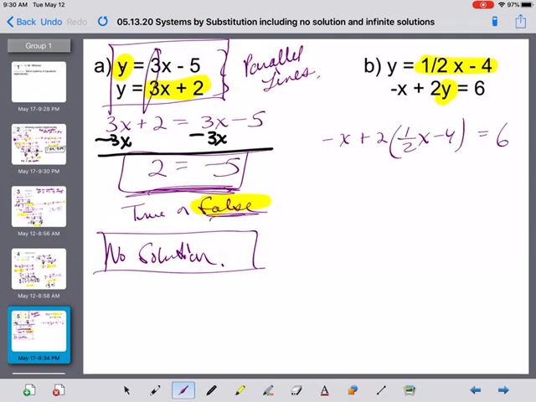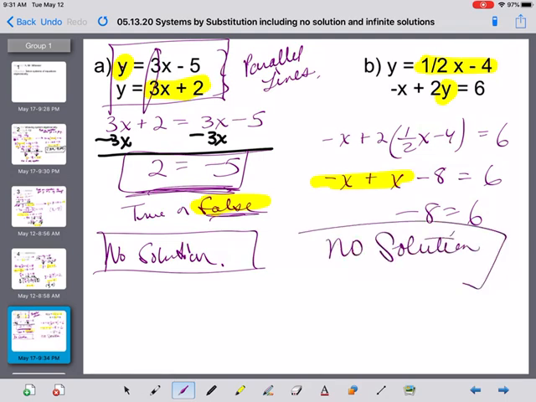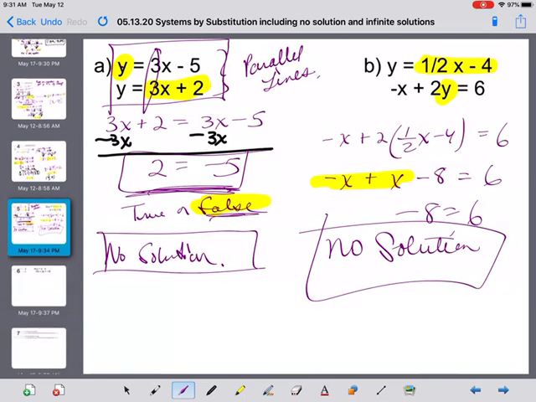That means distributive property. 2 times a half is 1. 2 times -4 is -8. Oh, there it is. There's the canceling action. X's are gone. -8 equals 6. No solution. So if you were to graph those, they would be parallel lines.